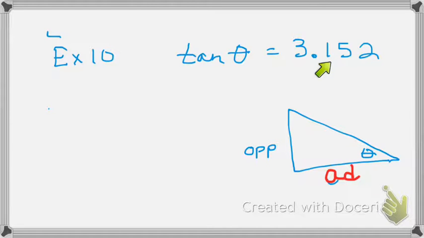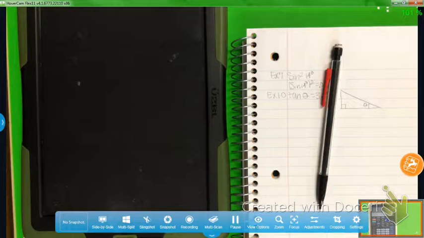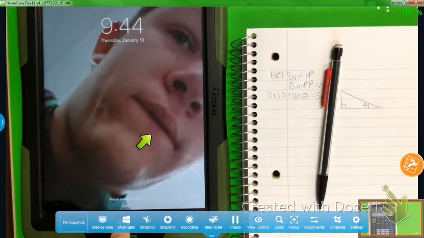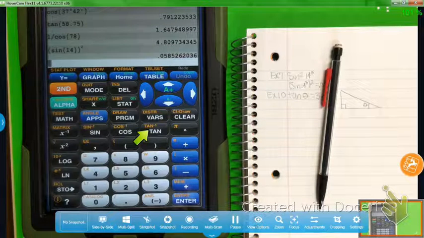Well, the calculator has every right triangle in the world stored in it. So you can figure that out by telling the calculator to go backwards. And to tell the calculator to go backwards, you have to use the inverse key. So go look at your calculator. On your calculator, if you look at tangent, right here is the inverse of tangent. That means to go backwards.